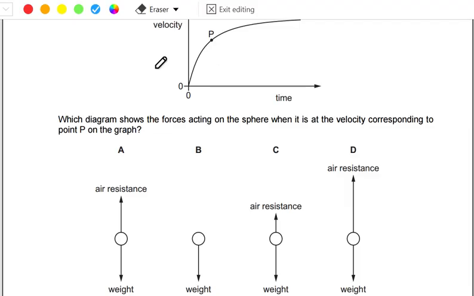In this part of the graph, we have a decreasing rate of increasing velocity, and this decreasing rate is because we have air resistance show up, so this will be C. Just to remind you, as the first linear part, the fast increasing rate, we have only weight.